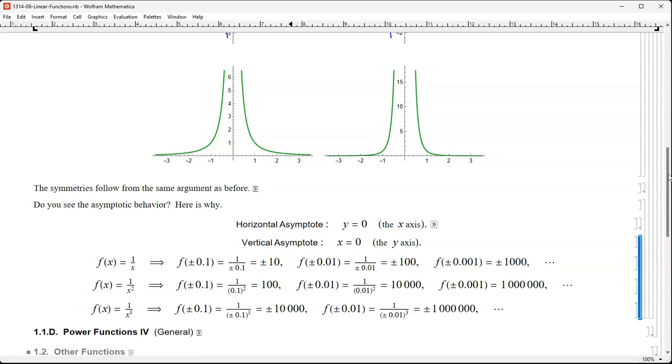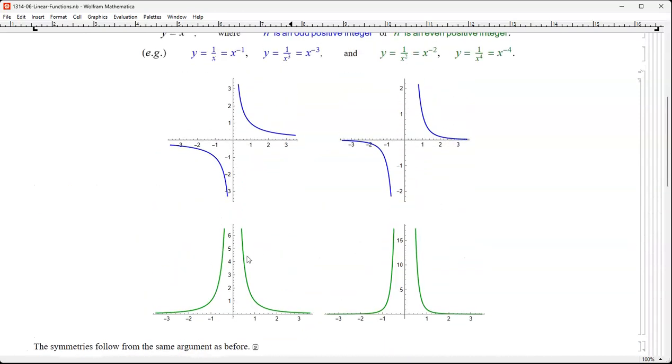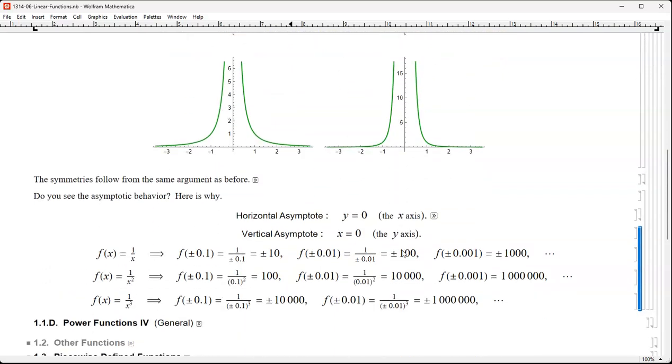And another aspect is, look at those end results. Instead of 10, 100. Instead of 100, we have 10,000. Instead of 1,000, we get 1,000,000. Green graph is growing much faster to infinity. And this blue is growing even faster to infinity. This one, even faster than that.